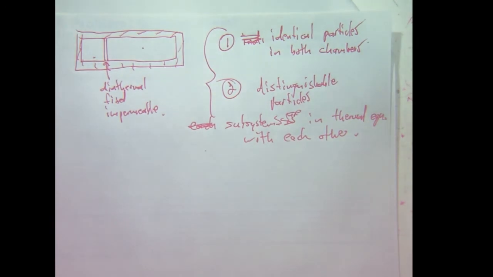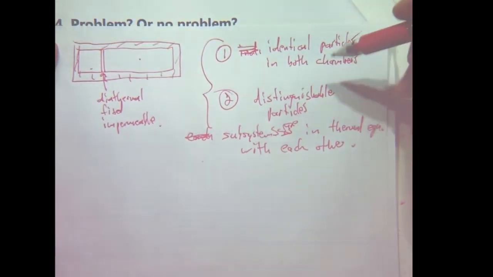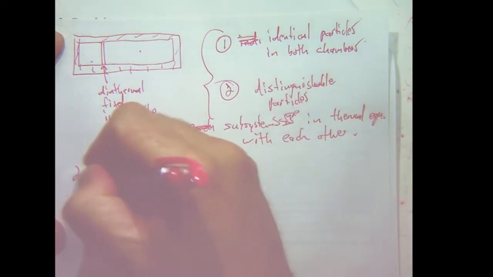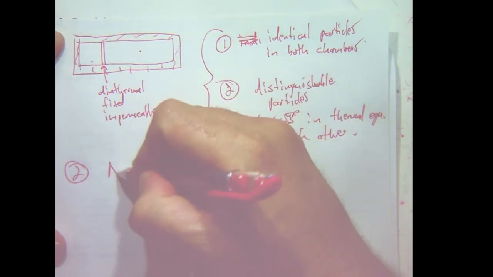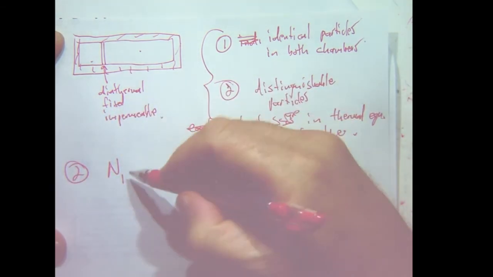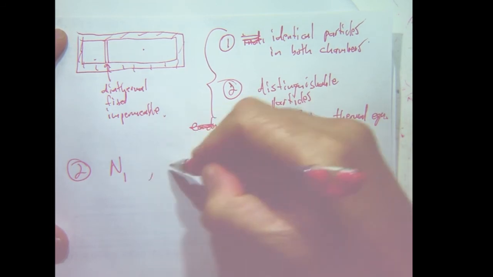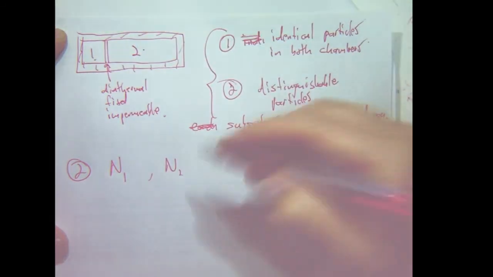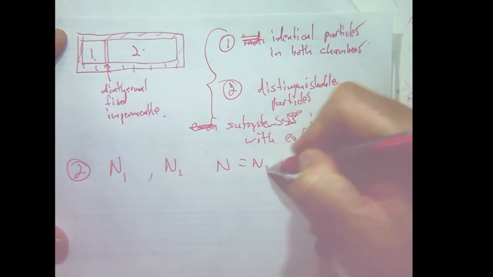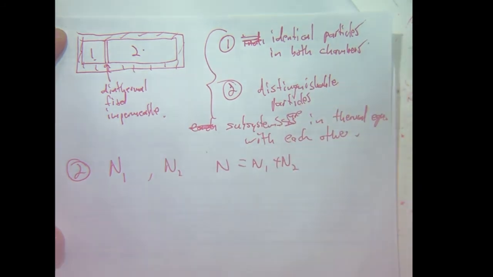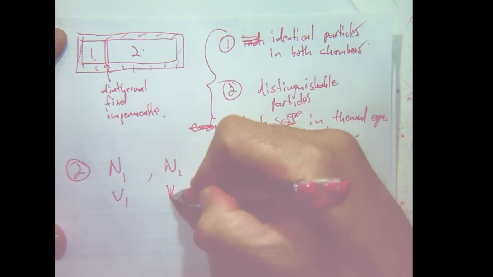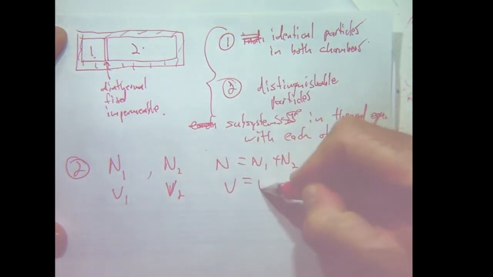Right, so what are the equations that we know in case, let's say case 2? We know that there are N1 moles in subsystem 1 and N2 moles in the right hand one, that's subsystem 2. And N equals N1 plus N2. And we know V1 and V2, and so V equals V1 plus V2.